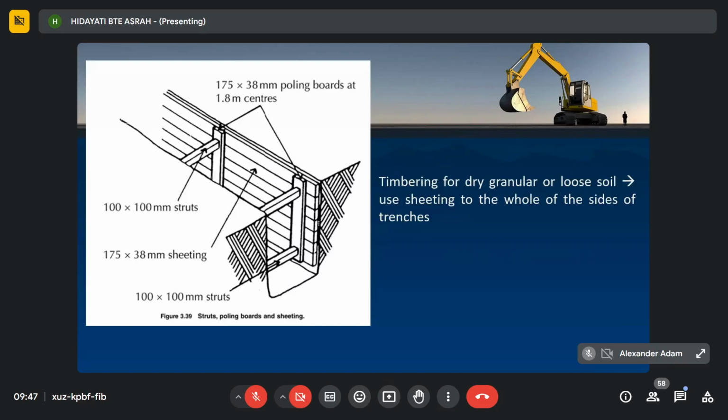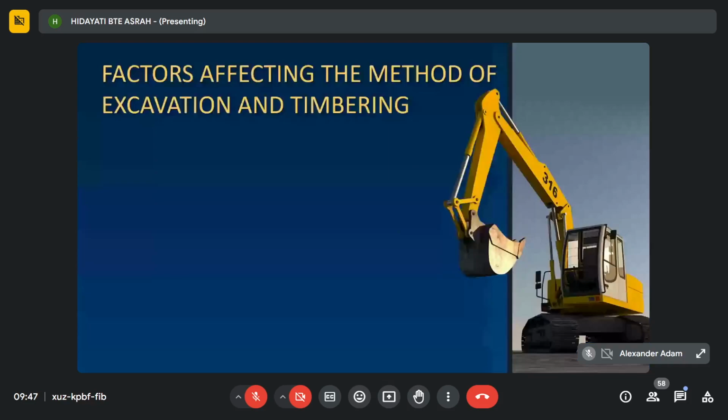So we have looked into different types of trenches, excavation and timbering method. So what are the factors affecting the excavation and timbering method in construction? So it depends on the nature of soil.